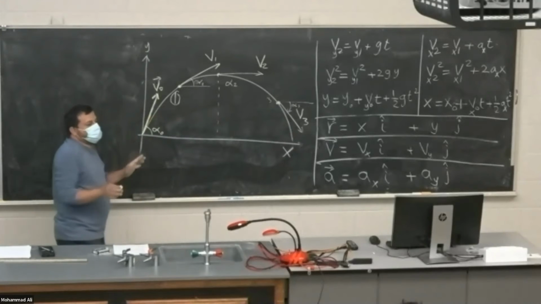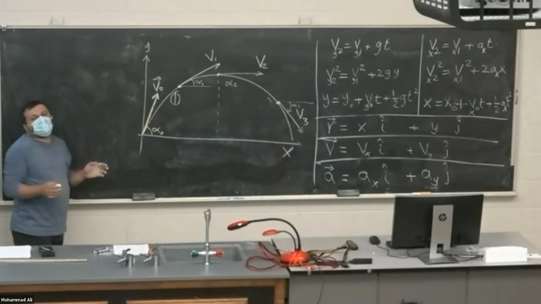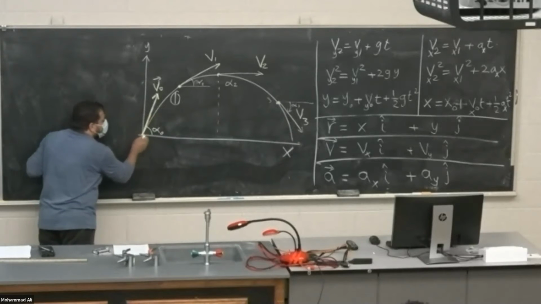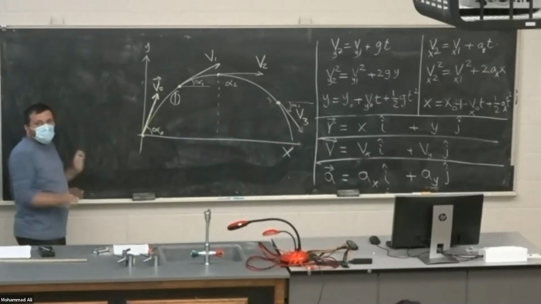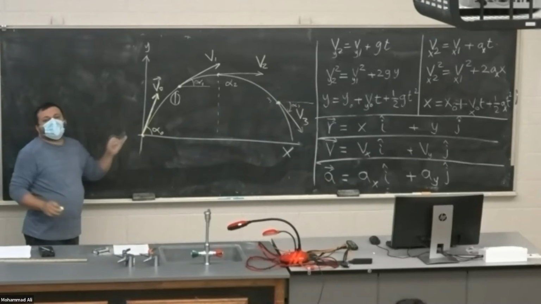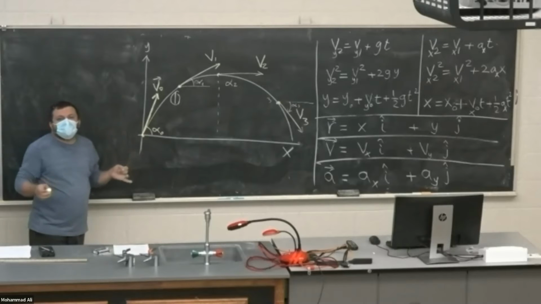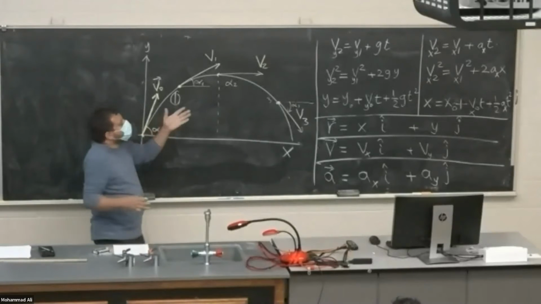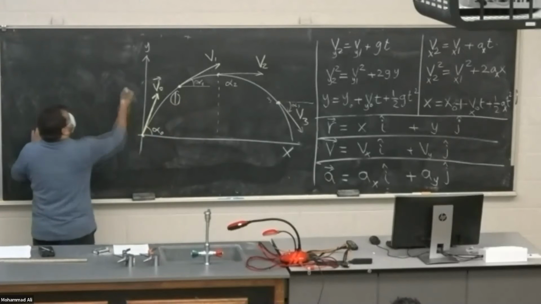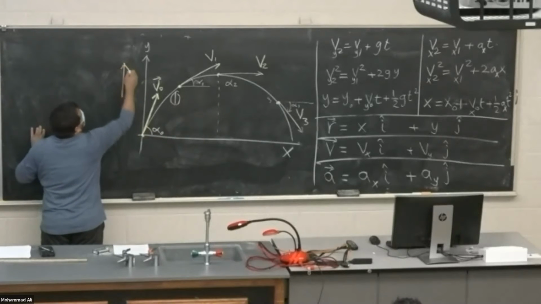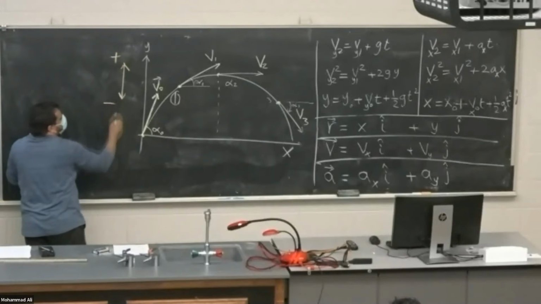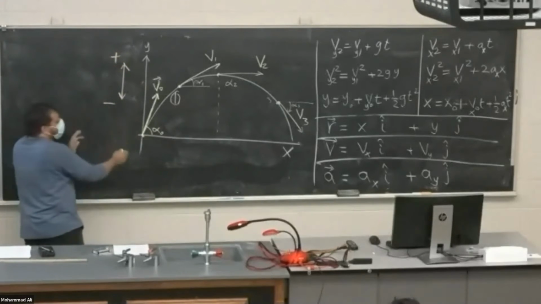Now, in the projectile motion, we need to consider our origin. This is our origin, the starting point of our motion. The second thing, we need to consider the positive and the negative directions in x and y. Maybe we can use this as the positive direction upward, and this as the negative direction with respect to y.